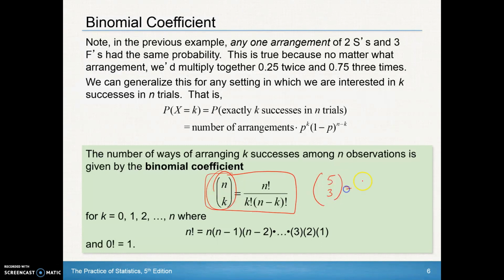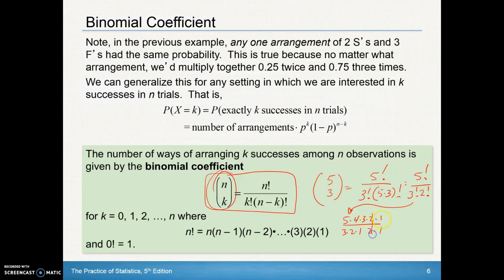Again, you could do this the long way, and this would be 5 factorial all over 3 factorial times 5 minus 3 factorial, or in other words, 5 factorial divided by 3 factorial times 2 factorial. If we keep writing this out longhand, this would be 5 times 4 times 3 times 2 times 1 all over 3 times 2 times 1, and then the 2 factorial is 2 times 1.